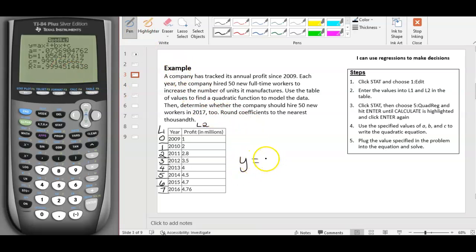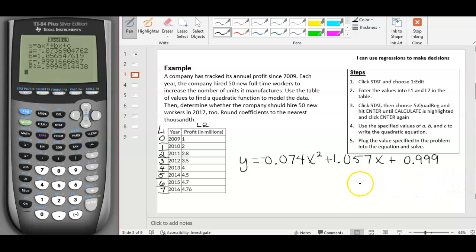So I have y equals negative 0.074 x squared, and then b is 1.057, so that's with x. And then I have plus, my c is going to be 0.999. Okay, so that is my equation.